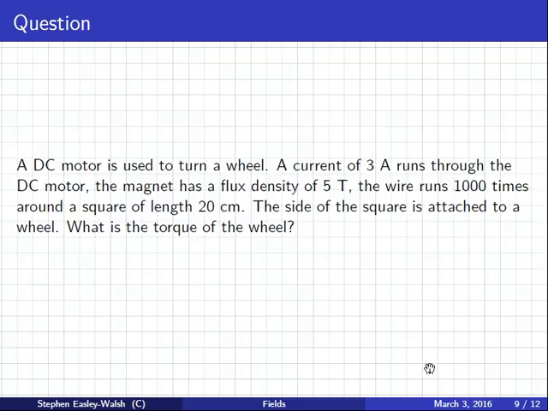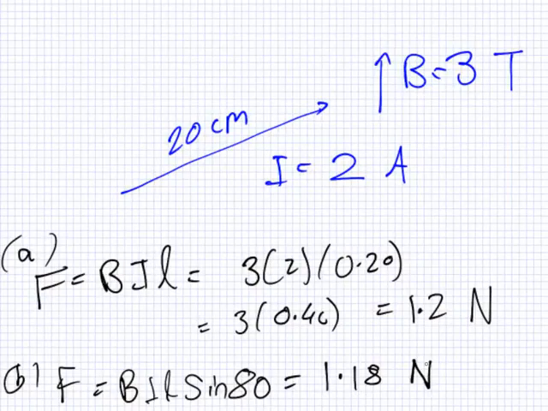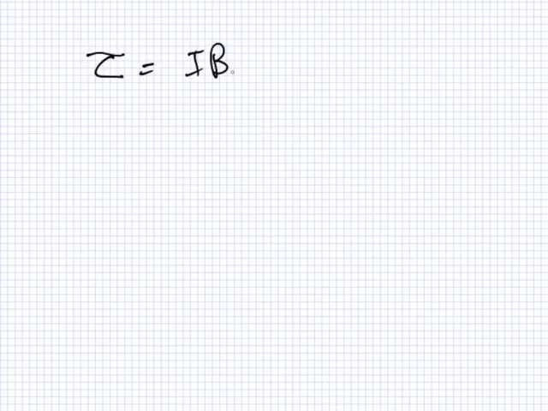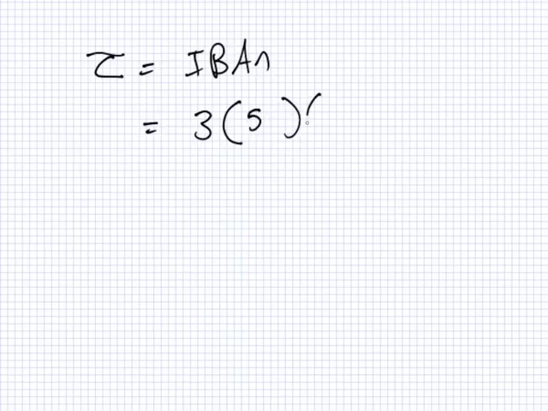Let's have a look at it. Okay, so we have our formula: torque equals IBAN. What's the current? 3. What's the B? 5 Tesla. 5 times the area. What shape is it?